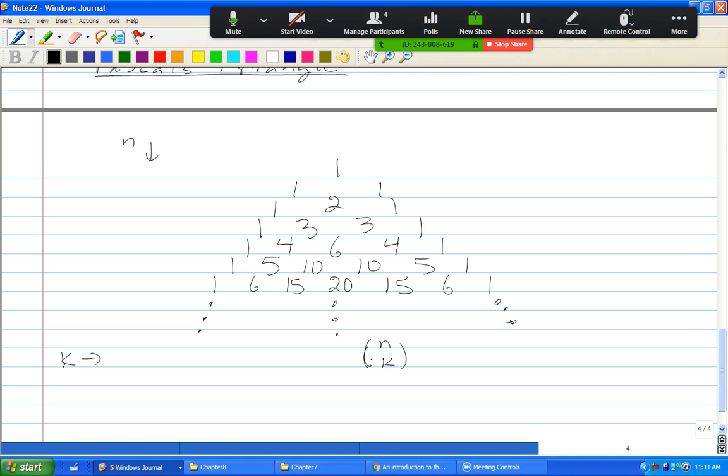So if you look at the row and the column, n is the row, k is the column, and that is the value of each of these numbers in Pascal's triangle. So this is nCk. Each of these elements is just part of Pascal's triangle.